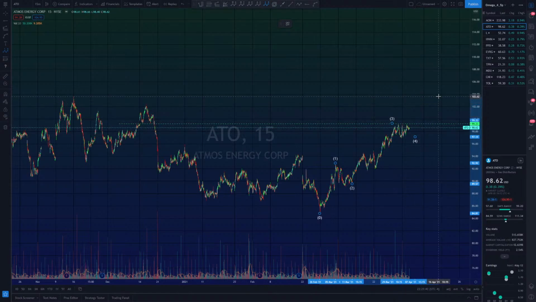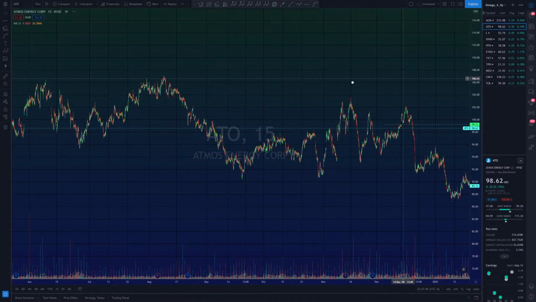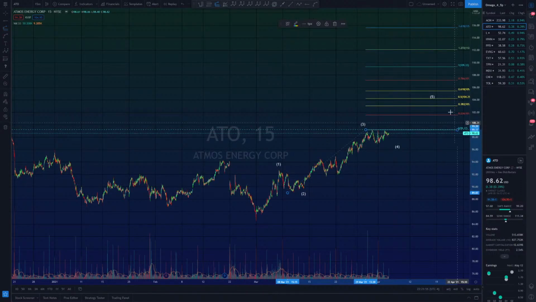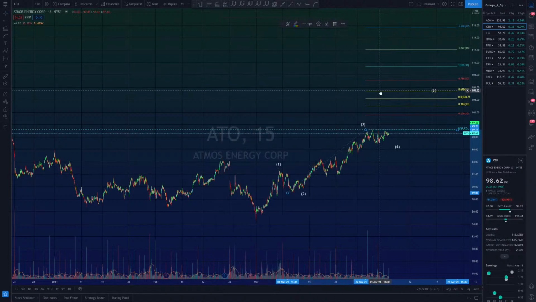That should easily retest there. Yeah, I'm thinking 105 on that after it finishes wave 4. That'll be interesting. I like that.